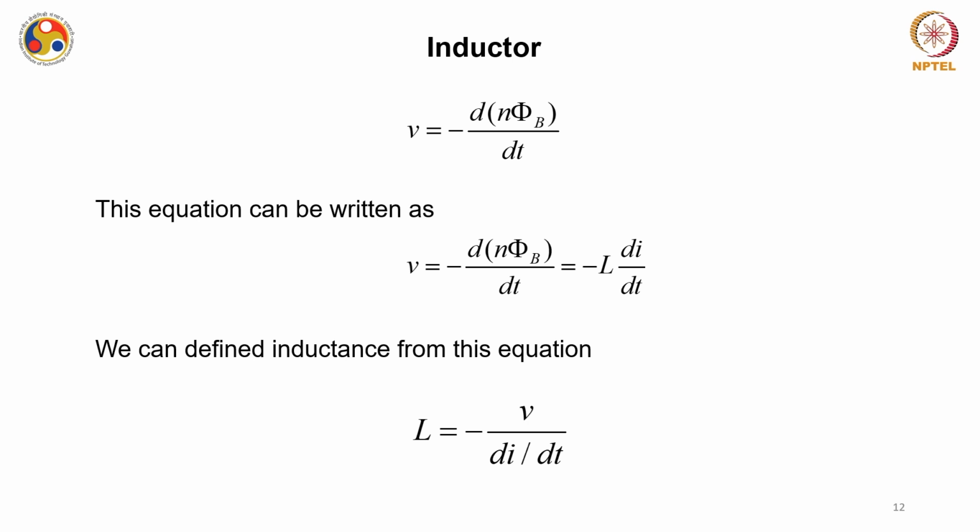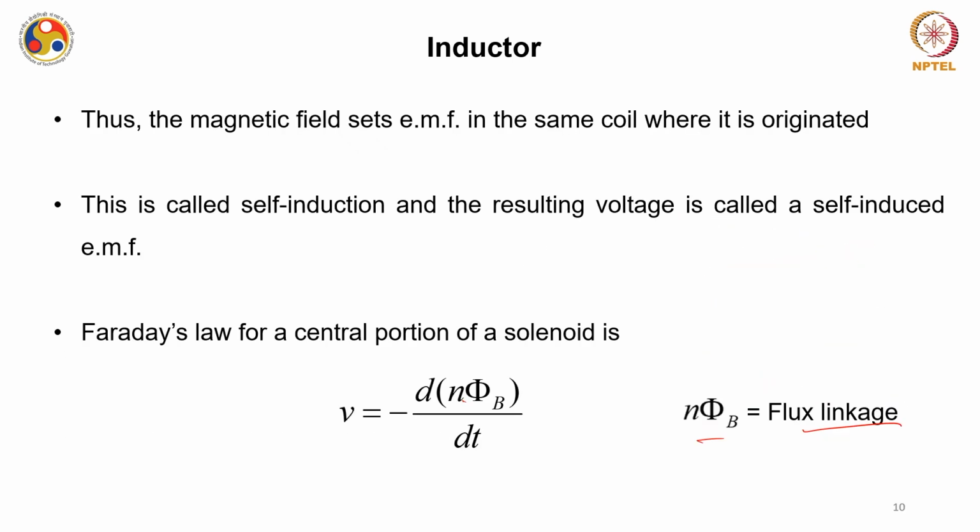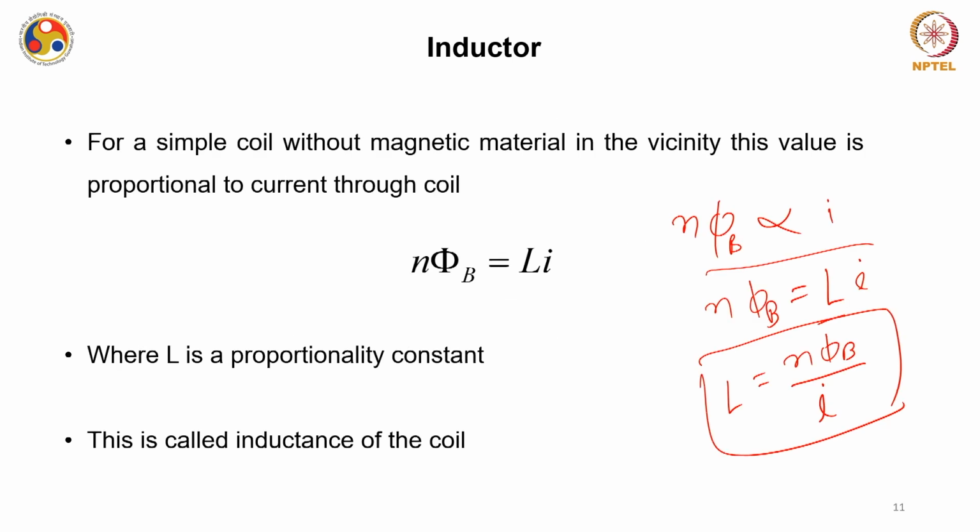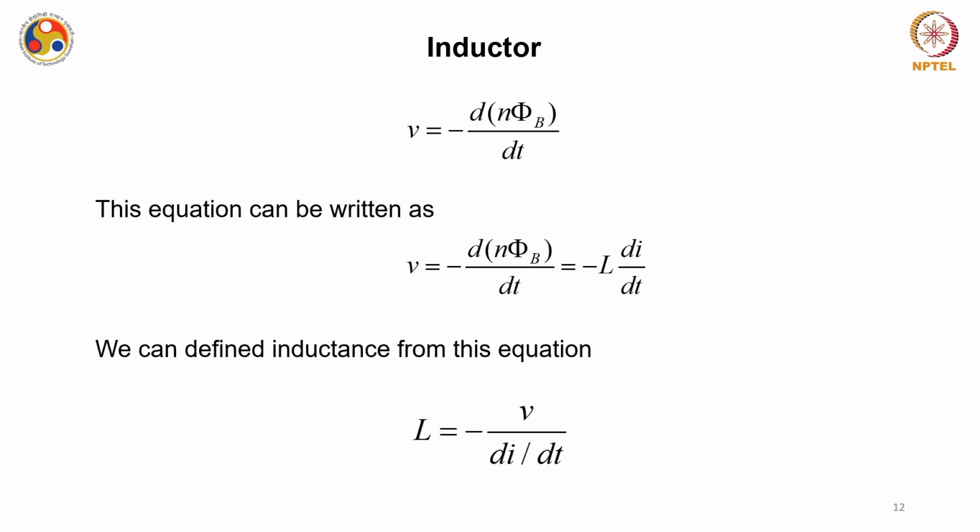Now recall the equation from Faraday's law, particularly for the central portion of the solenoid, which gave me V is equal to minus d by dt of N phi B.